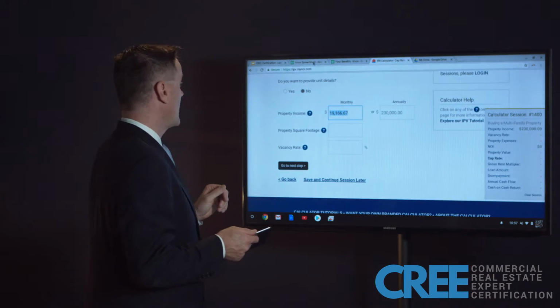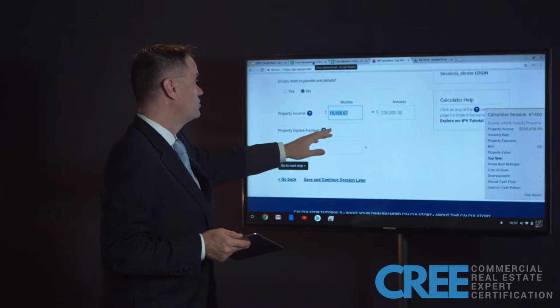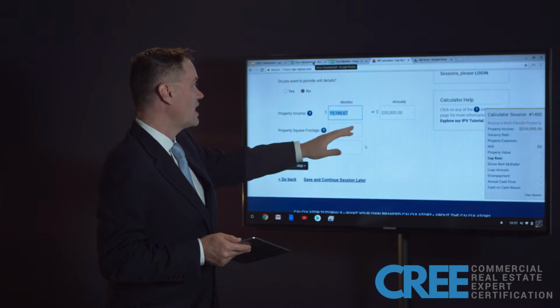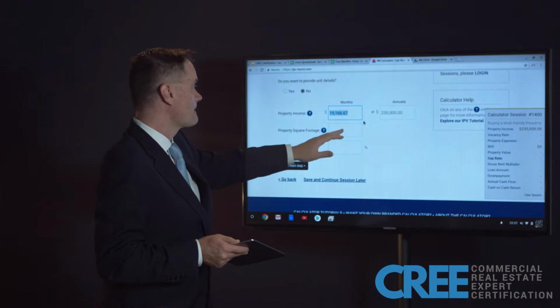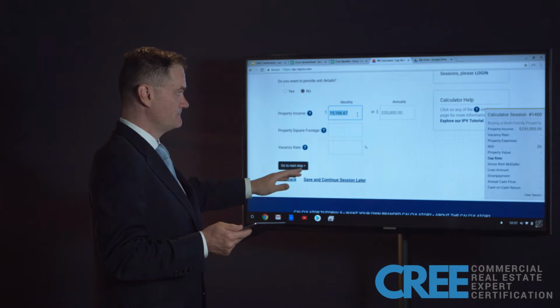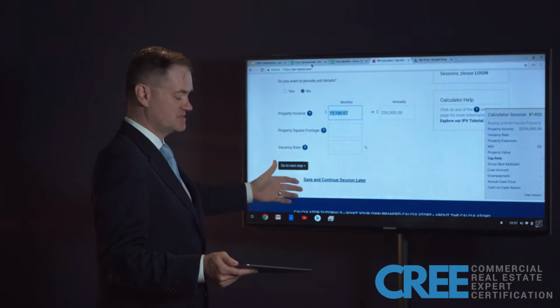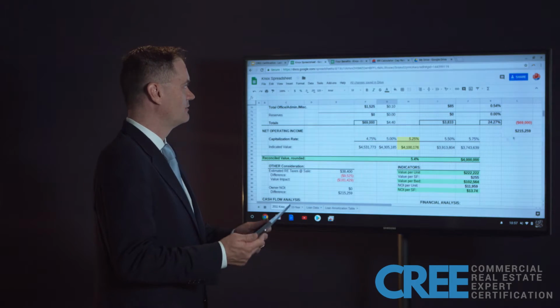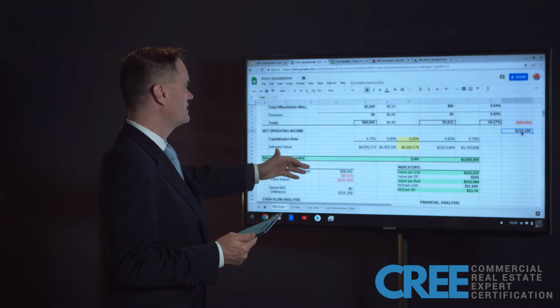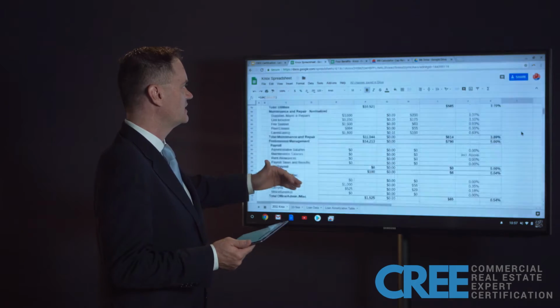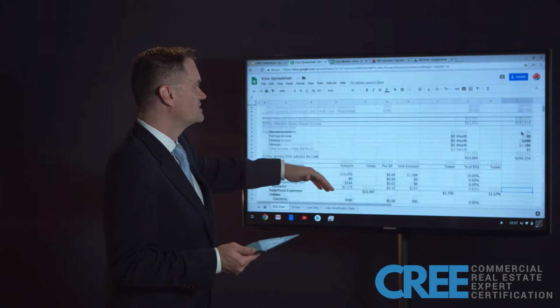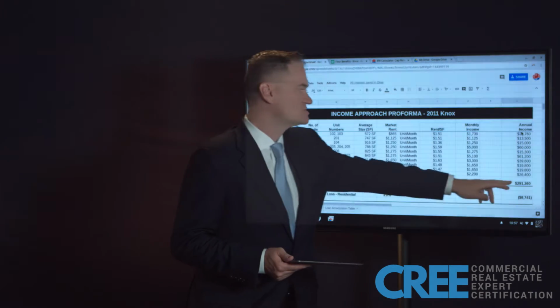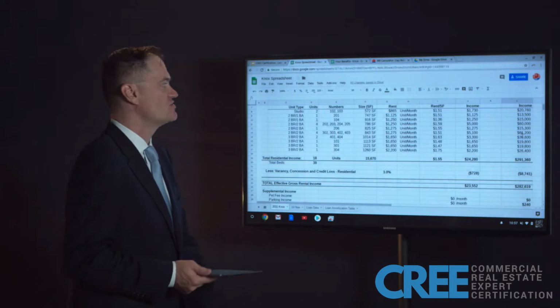We're going to go ahead and add that in. So we have put in here the total property income. It's not loading. There we go. Let's go to the very top, and we'll grab the potential gross income, which is $291,000.